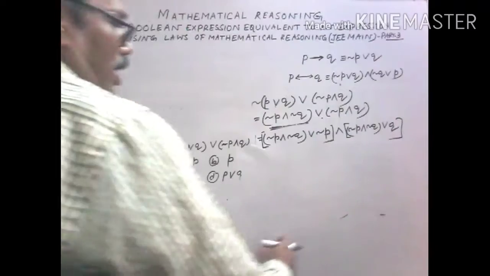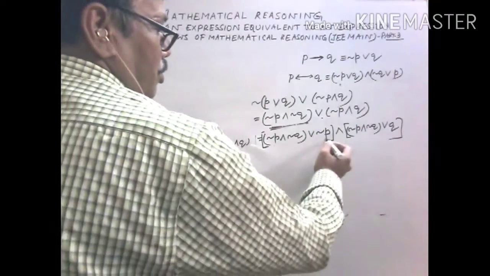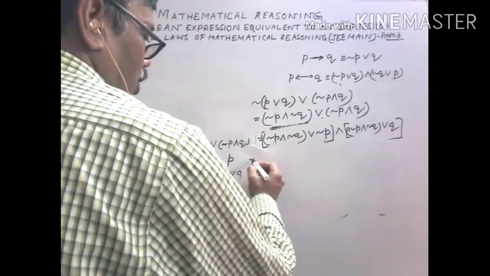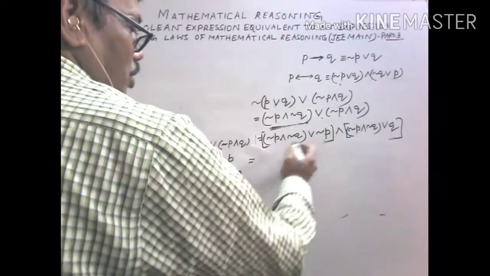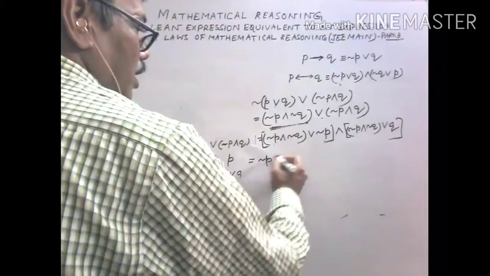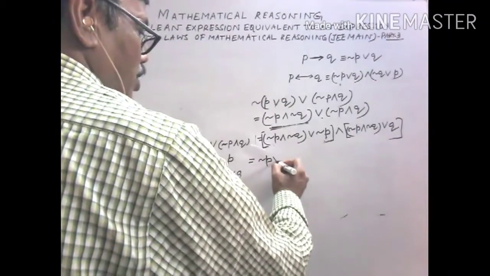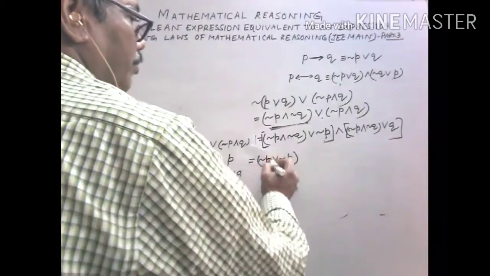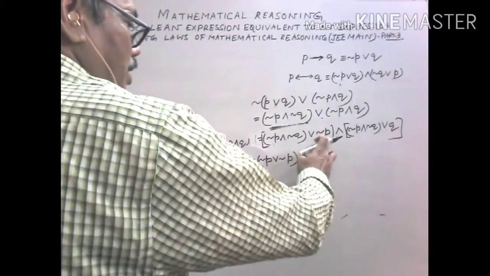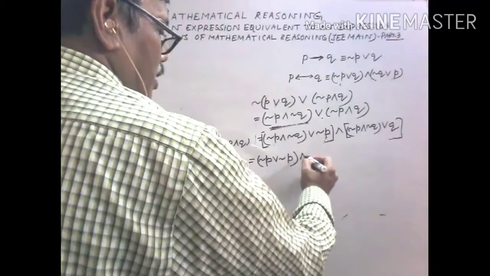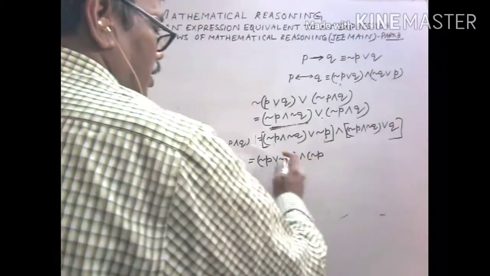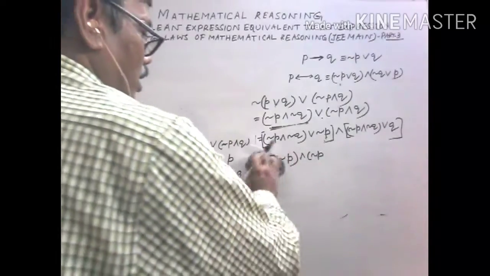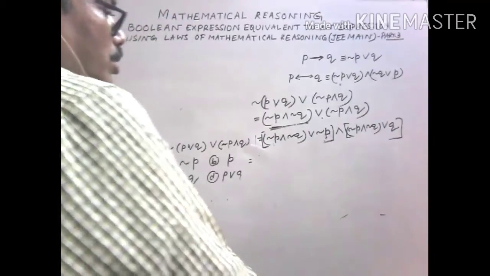Now, again we use distributive law. So this equals negation P union negation P, negation P union negation P intersection negation P. Oh look, we can simplify this also.